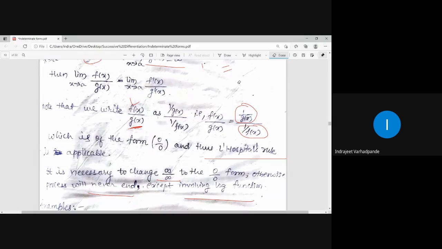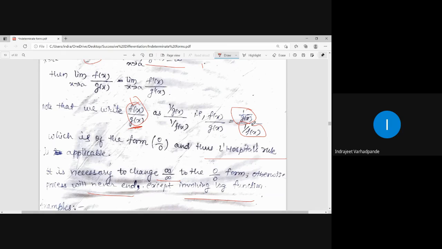So I hope roughly you have understood how the form infinity by infinity is to be resolved. Whatever is the given function, we have to express it in the form of a reciprocal. If not reciprocal, we try to simplify the given terms. If it is trigonometric, tan x can be written as 1 upon cot x.